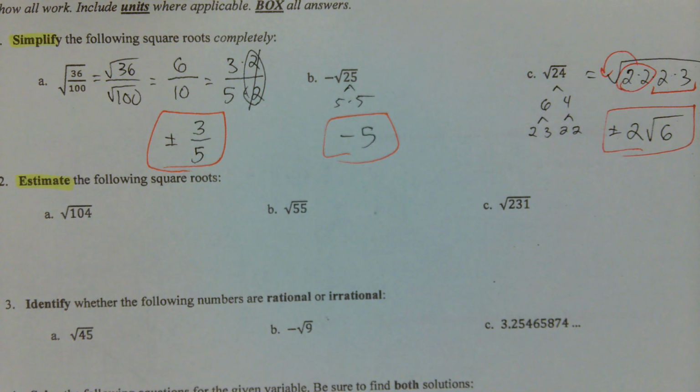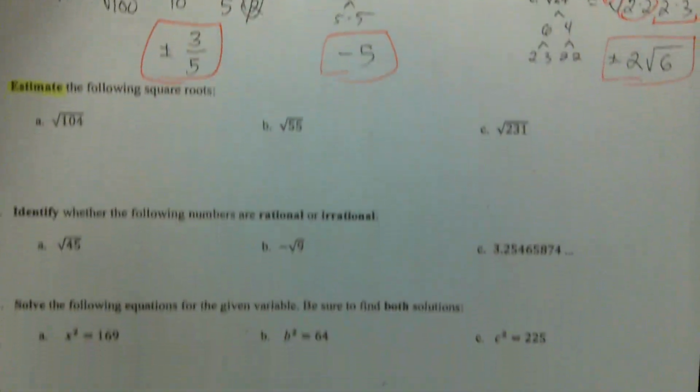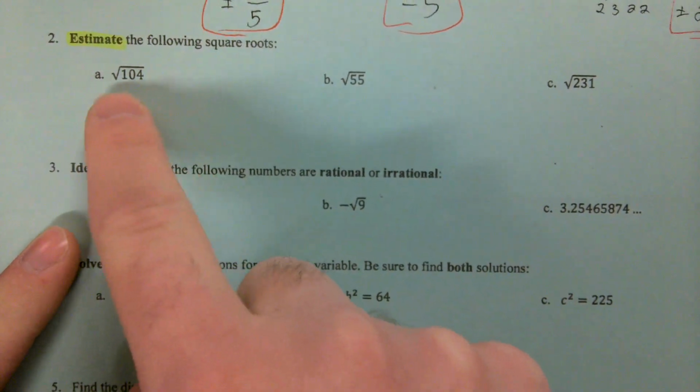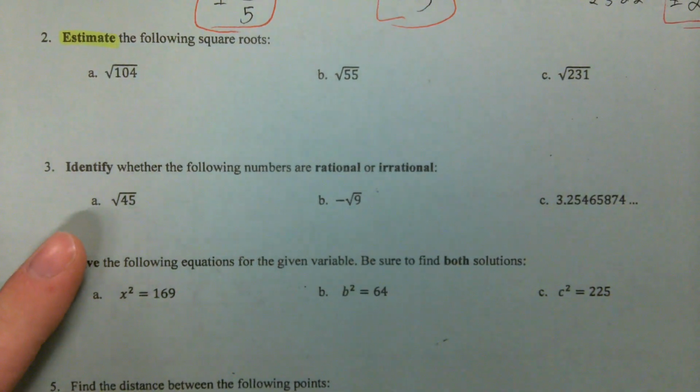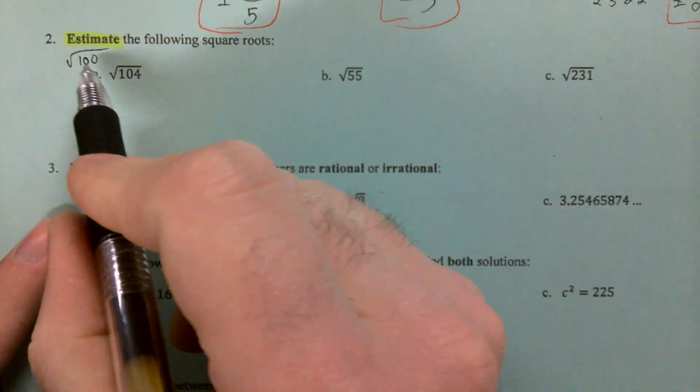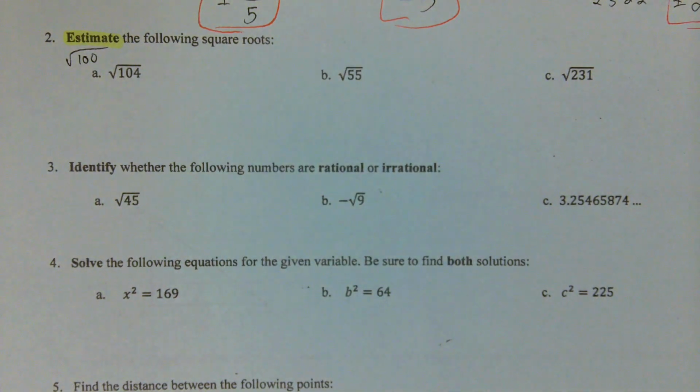Now, number 2, we're not going to break this down. We're not going to simplify. We're going to estimate. What's the closest perfect square to 104? 100.